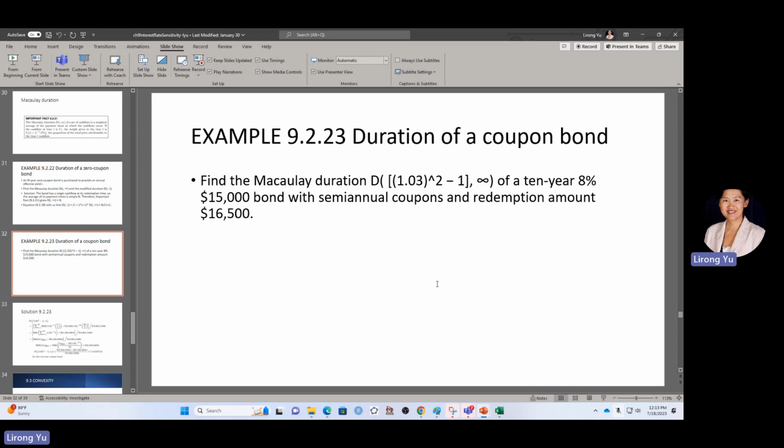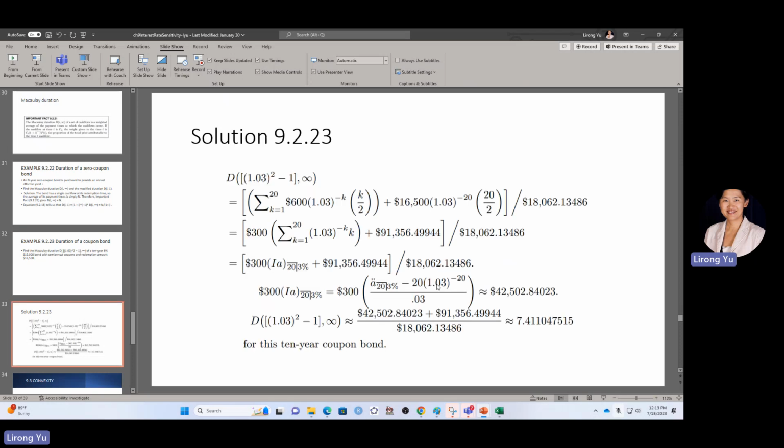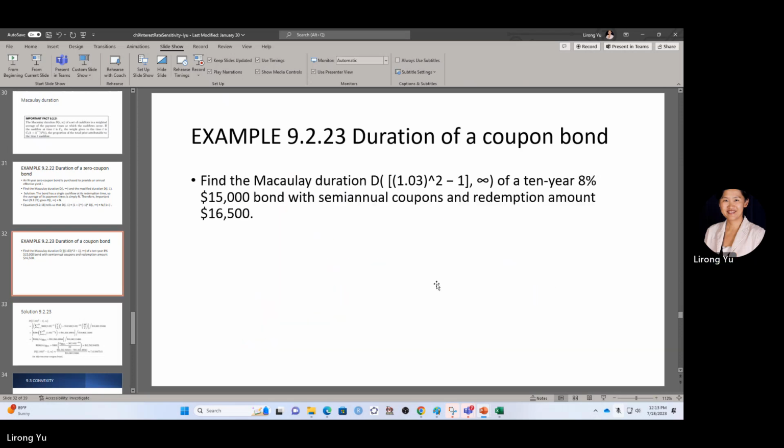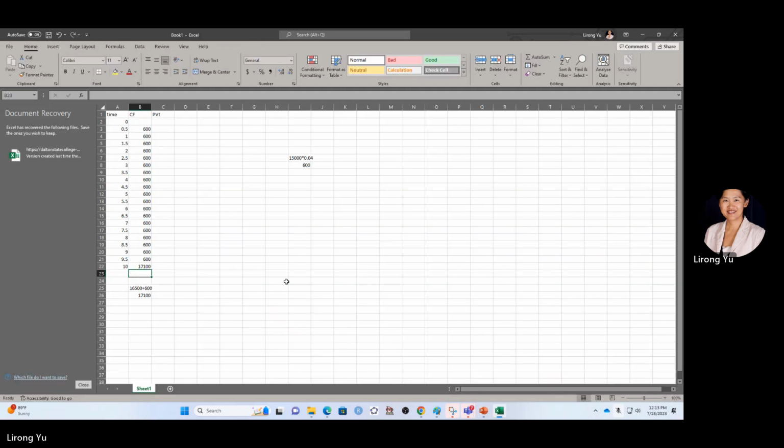So the annual effective interest rate is 0.03. Okay, so the 600 will be discounted by 1.03 to the power of 1.